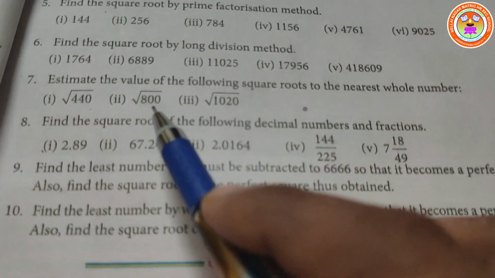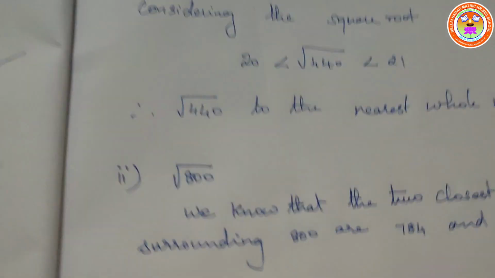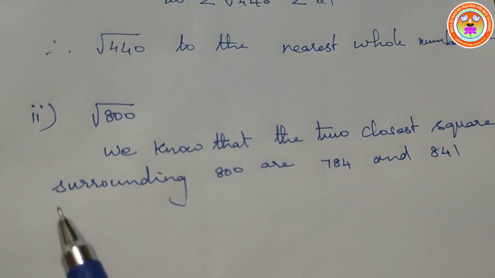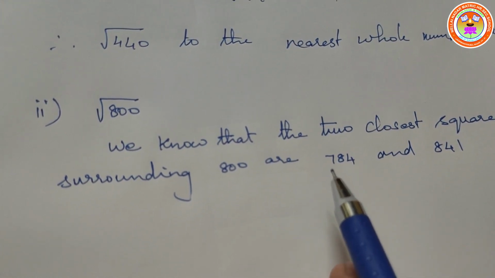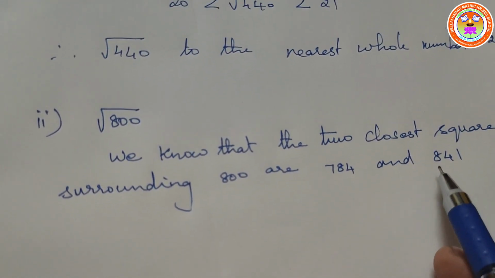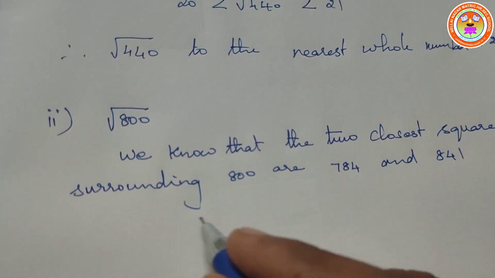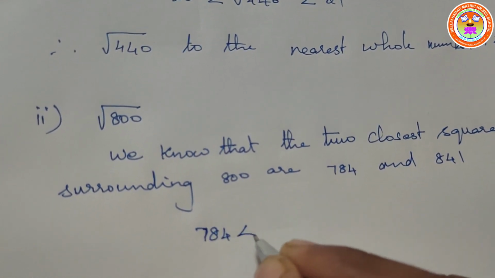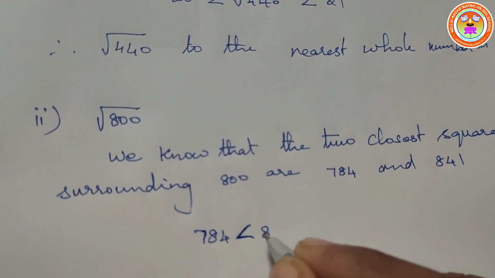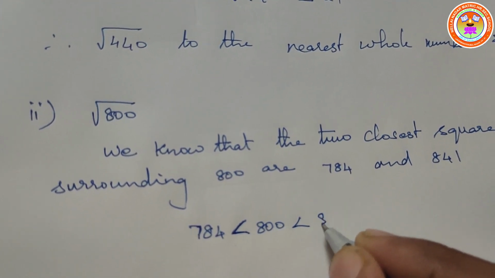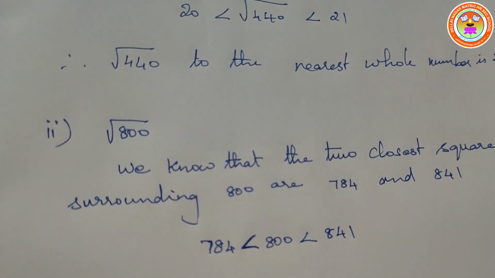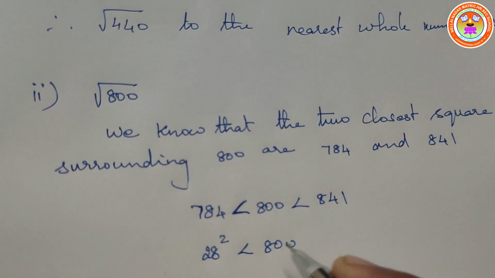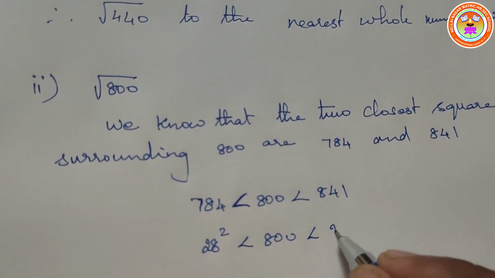The next subdivision is square root of 800. So the square root of 800, we know that the two closest squares surrounding 800 are 784 and 841. So 784 is less than 800, which is less than 841, which implies 28 square is less than 800 and less than 29 square.